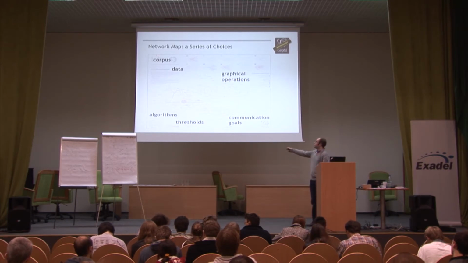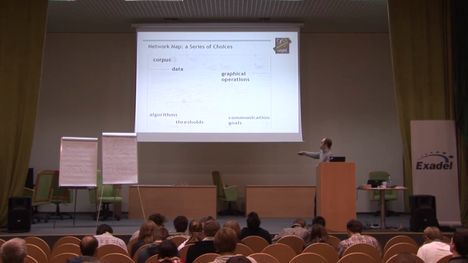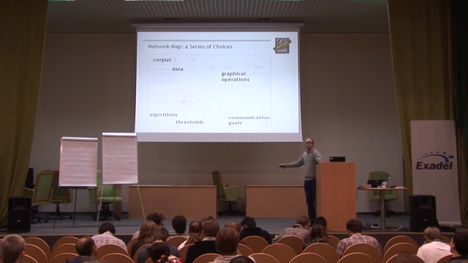First one, what is the corpus? What kind of data will we select to work on this corpus? What are the algorithms to create this network? Do we apply some thresholds to cut the data or to clean the data?